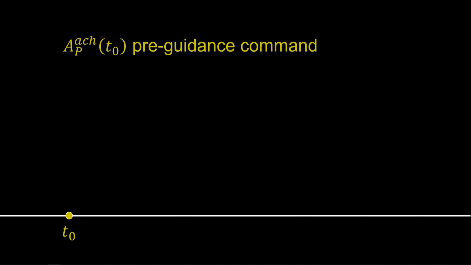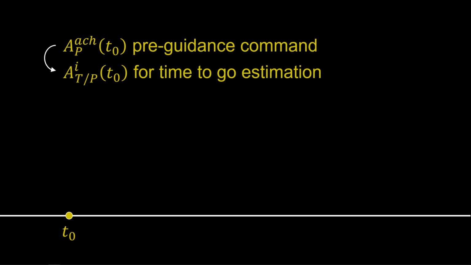Two of our time-to-go estimation methods require relative acceleration, which adds some extra steps to this integration process. To be clear, we start with the time step of the achieved pursuer acceleration prior to the guidance command. The relative acceleration is computed for time-to-go estimation.